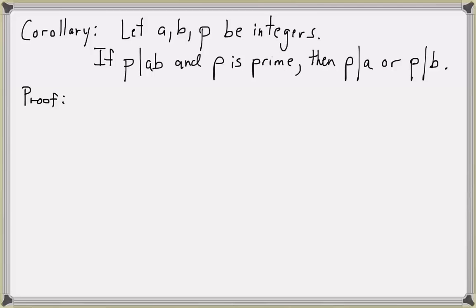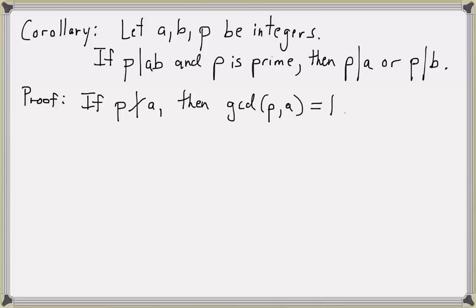Let's see the proof. Well, if p divides ab and p is prime, and p doesn't divide a, then the greatest common divisor of p and a must equal 1. Why?